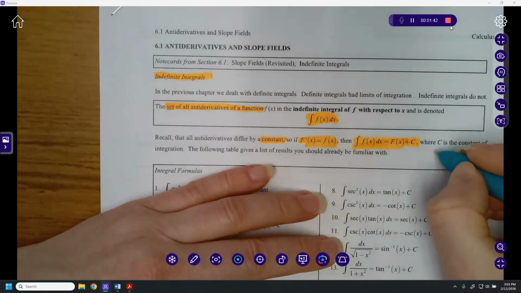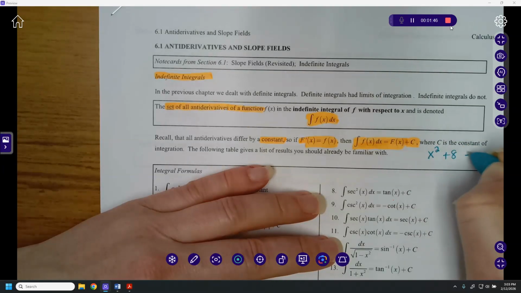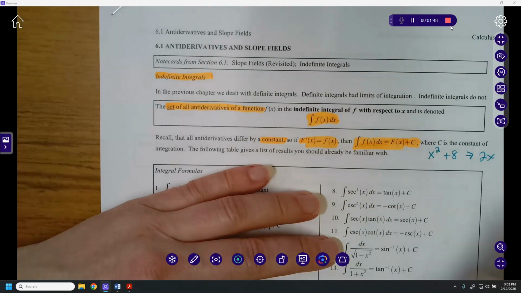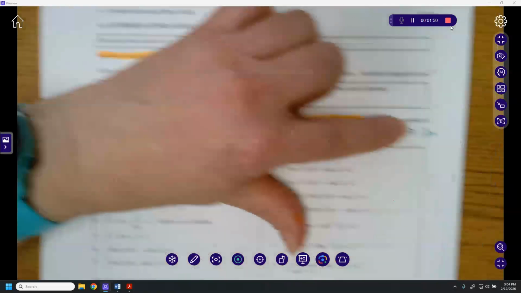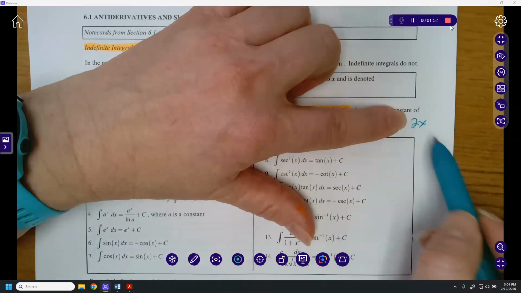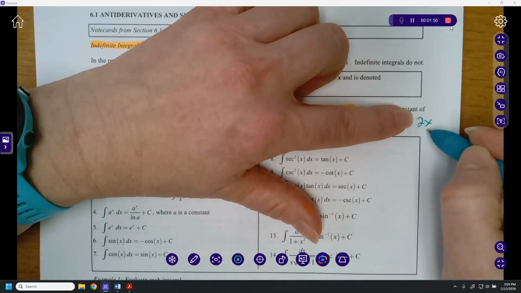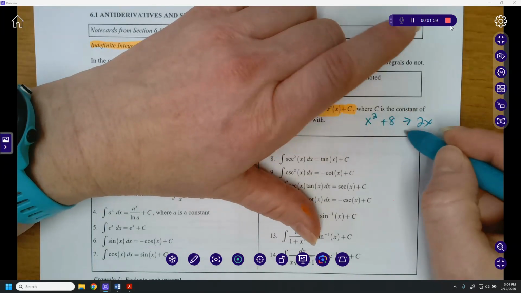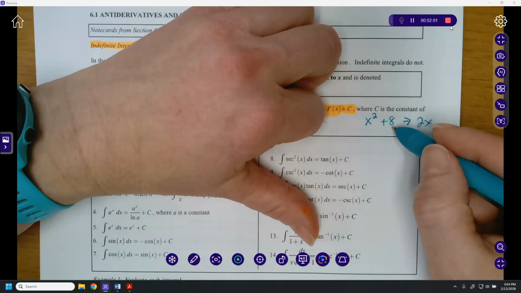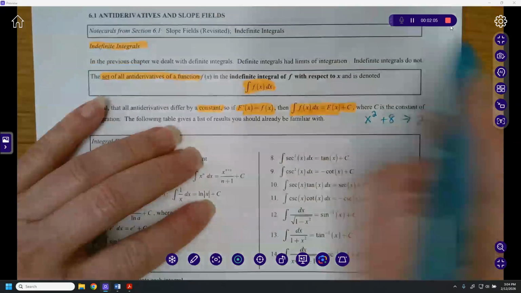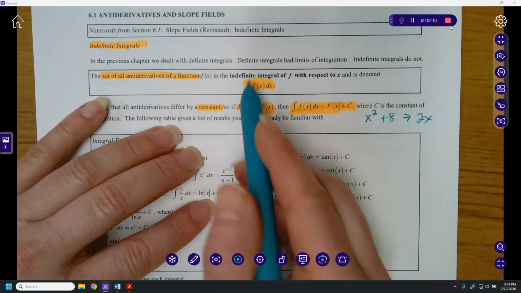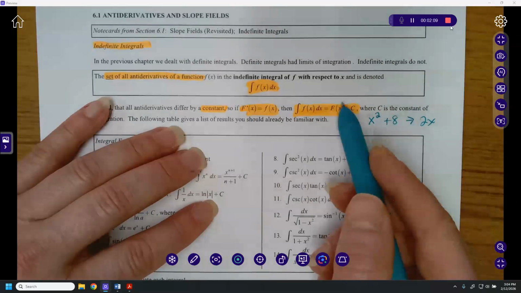Let's say I had x squared plus 8, and I took the derivative. That's just 2x. Well, if I started with 2x and said, hey, what did this used to be, you guys would say, hey, that was x squared. But how do I know that there's not a constant there? Because the derivative of a constant is 0. It didn't matter when we were doing definite integrals, but now it matters when it's in general.